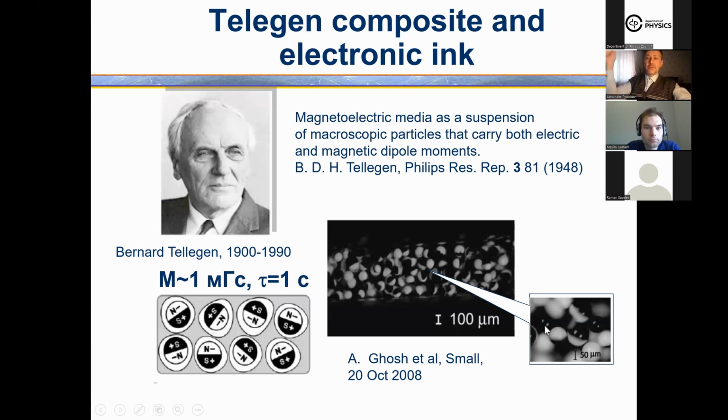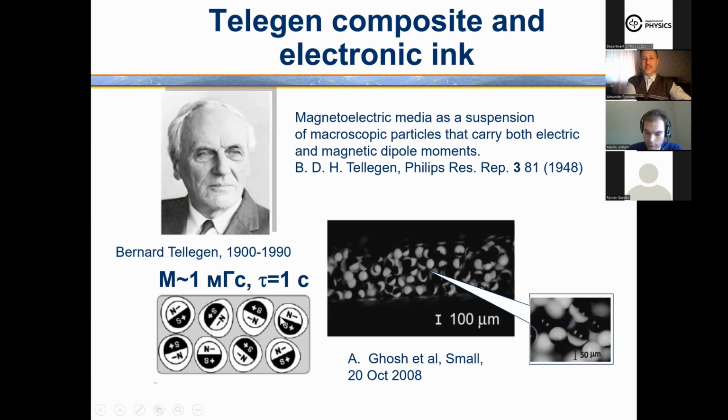And coming back to the beginning of our talk, I mentioned the Bernard-Tillingen composite media. Do you remember this engine oil and particles rotating in it? In fact, this idea waited half a century to be realized. It was implemented only with the advent of electronic ink.